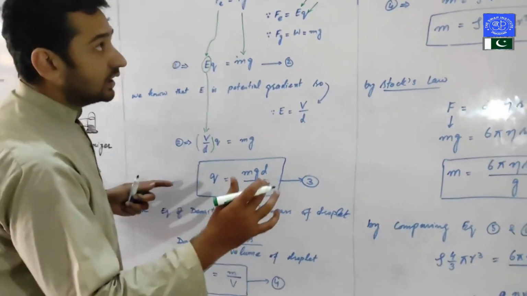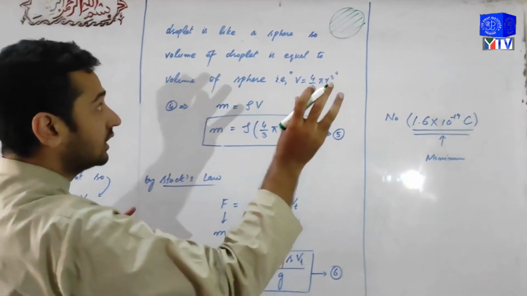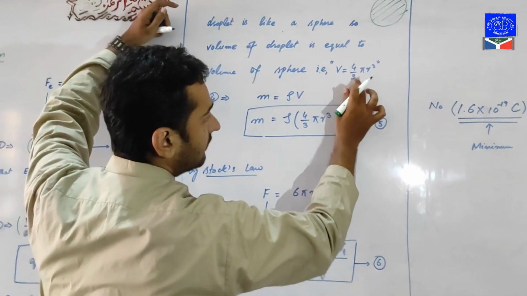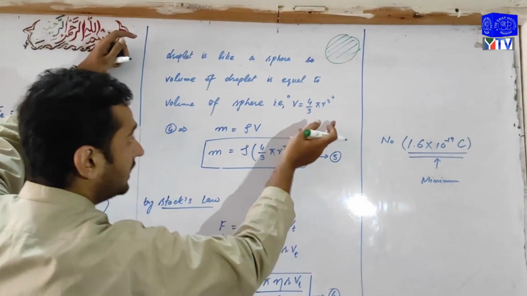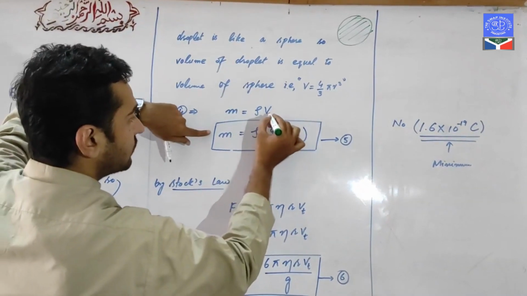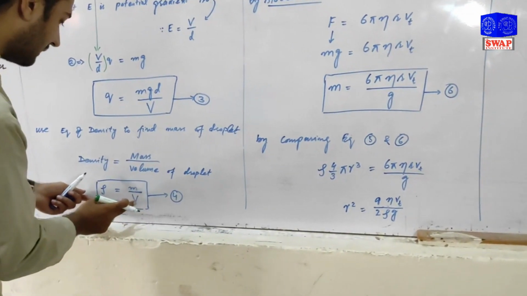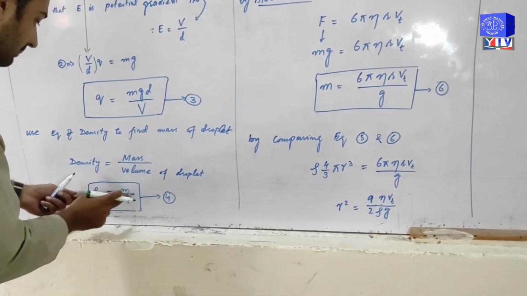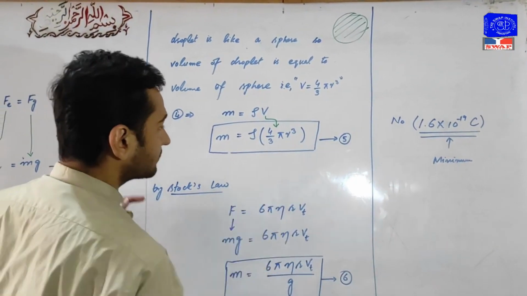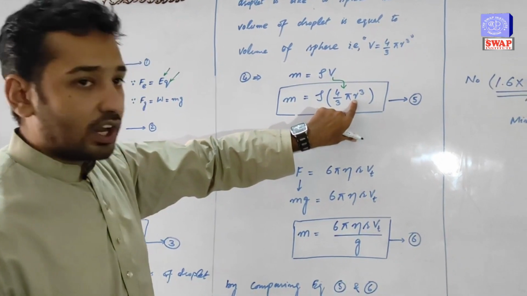That droplet is basically like a sphere, like a football or ball, and the sphere has volume equal to 4/3 pi r cubed. So modifying the equation, the mass is equal to rho V, and V is equal to 4/3 pi r cubed. Here another problem occurs: r.